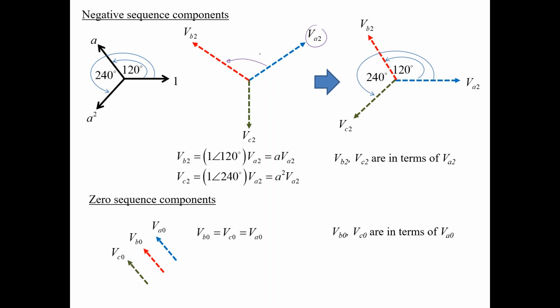And from this point, if you want to get VC, you just rotate twice. So you multiply by A squared in order to get VC2 from VA2. Okay, this is clear. For the zero sequence, everybody knows that these three vectors are the same, so you just express it once.